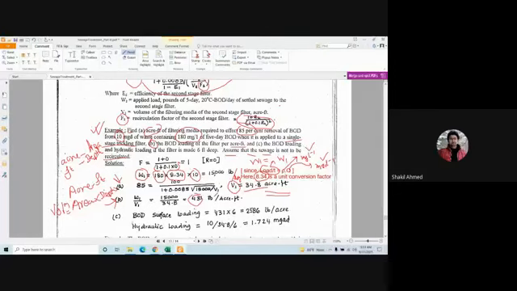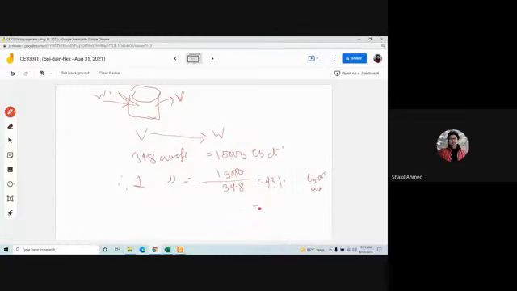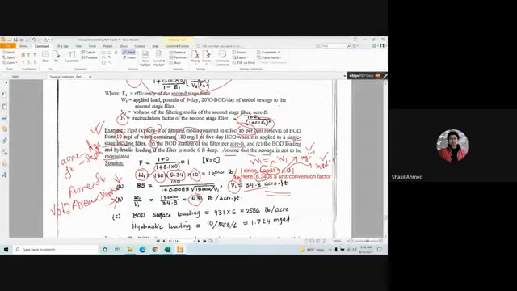They didn't write it explicitly. This will also be pound per day per acre feet. So you can write it as pound per acre feet into day. Pound per acre feet per day. Okay, clear? Yes, sir.